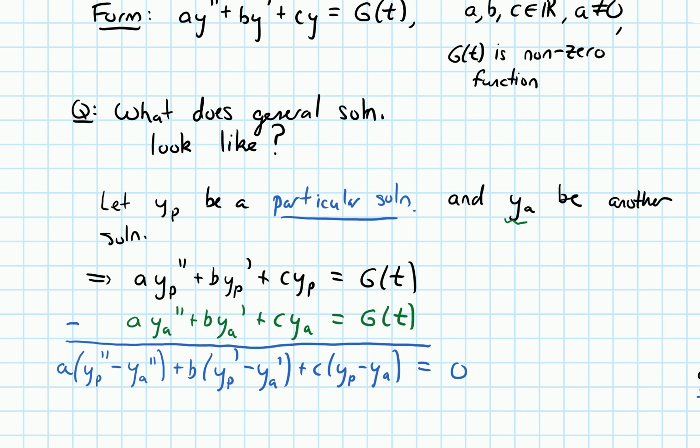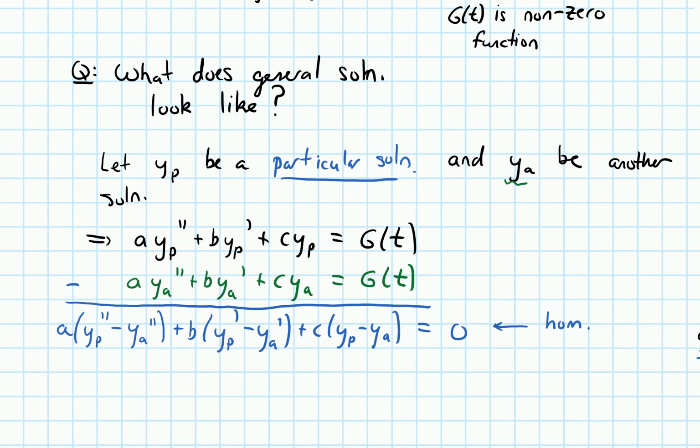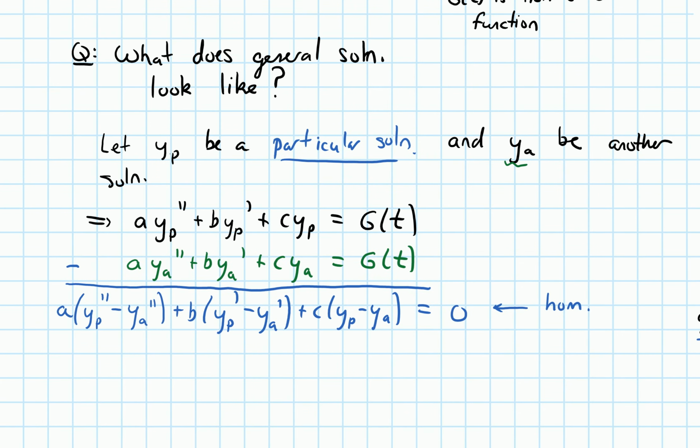Okay, so the fact that now we have this equation where the right-hand side is 0 means that this is now homogeneous. And moreover, this function that's sort of being plugged in here is going to be a solution to the corresponding homogeneous system.